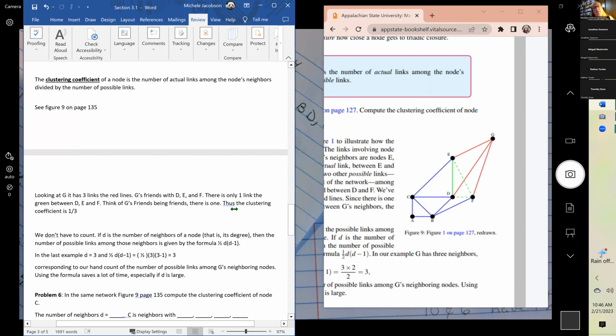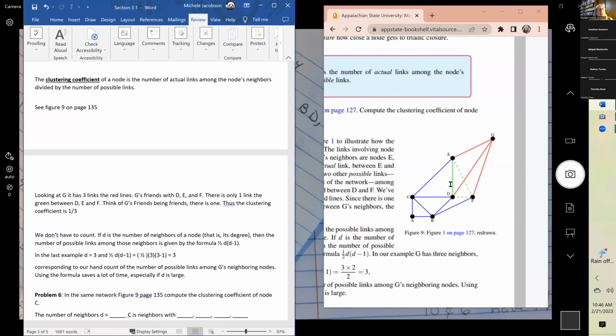Thus, the clustering coefficient is 1 out of 3 because there were 3 possibilities. Notice the 3 green lines. Unfortunately, only one of them was friends. So you're looking at all the possibilities, that goes in the bottom. And then on top is the ones that are.